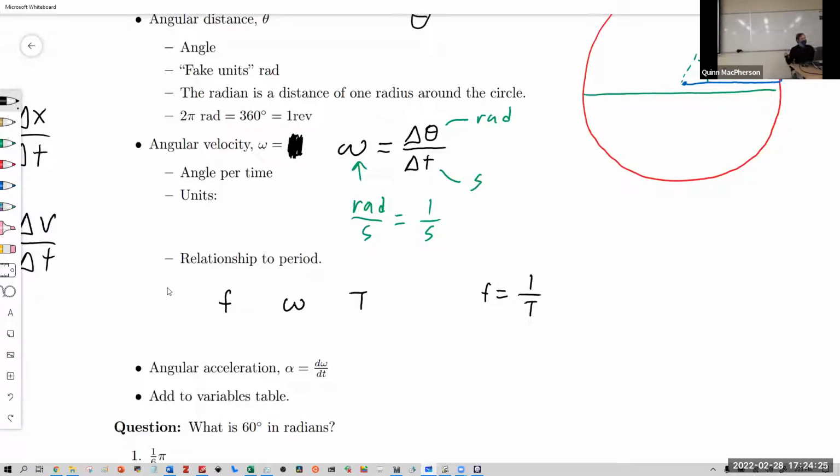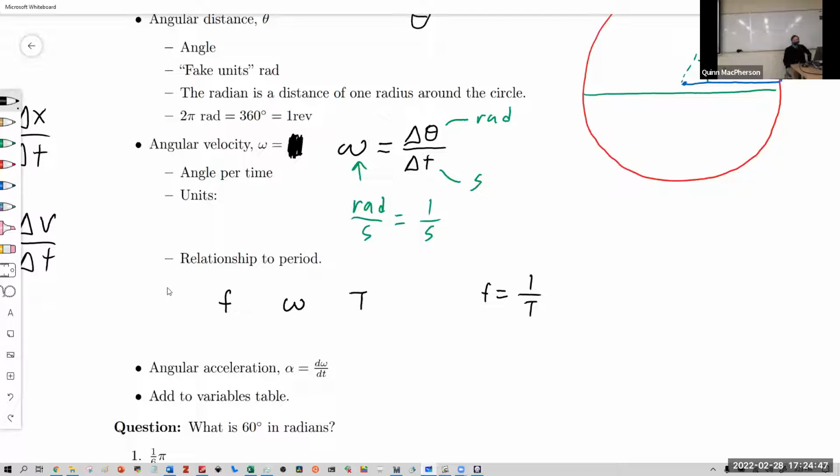So if you have something that's turning slowly, like the Earth turns once a day, the period of the Earth is 1 day. And it's convenient because that's a long time to use period. If you have something turning quickly, like the shaft in your engine, you don't say, well, how fast is my engine spinning?